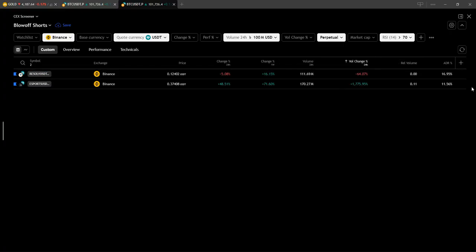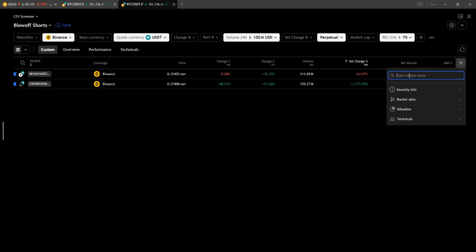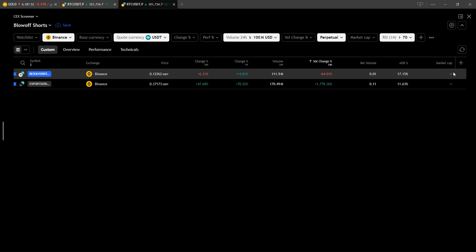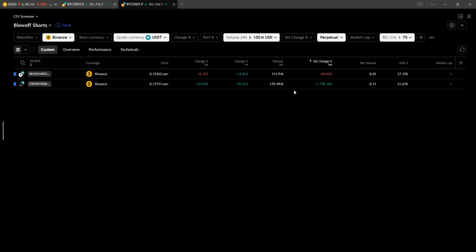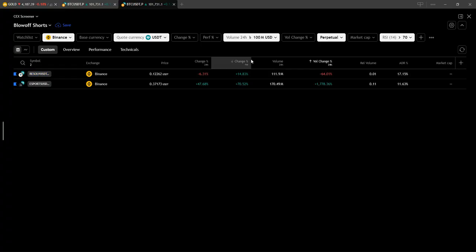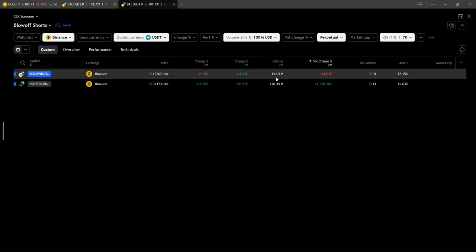So we need to compare its volume to market cap. TradingView does have market cap and FDV, except if you add it, no data gets pulled there. So what I normally do is I filter here to 100, and then I go look for Resolve.